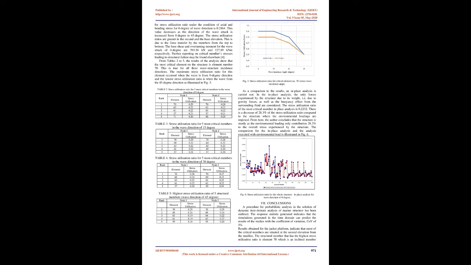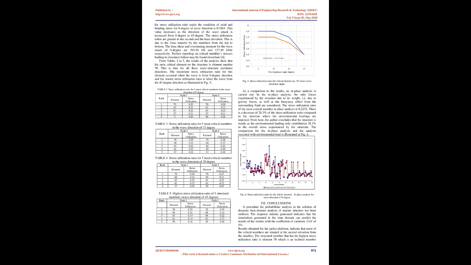From the results of the simulation, the stress utilization ratio is calculated for every member for nodes I and J. The stress utilization ratio is a ratio to check the integrity of a member. If the ratio is low, then the reserve strength is high, meaning the structure is strong enough to withstand the loadings imposed on it, and vice versa.